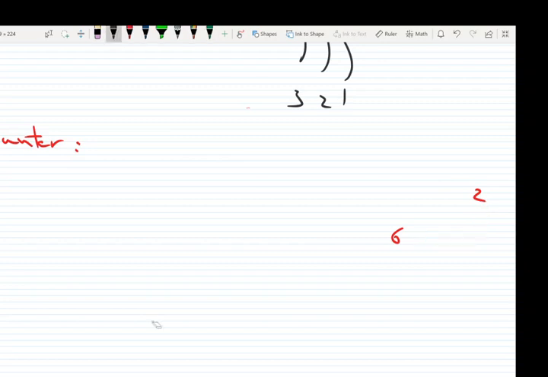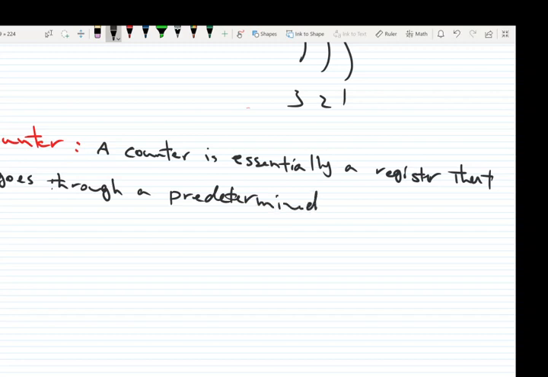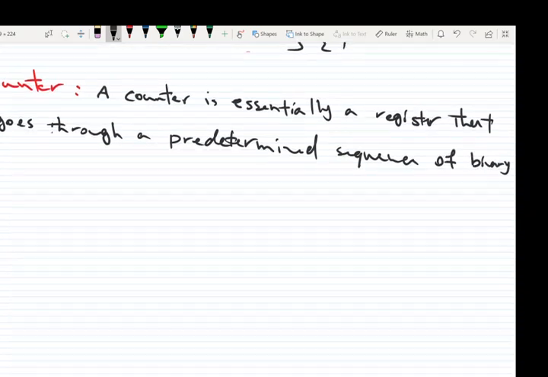Okay, so a counter is essentially a register that goes through a predetermined sequence of binary states.